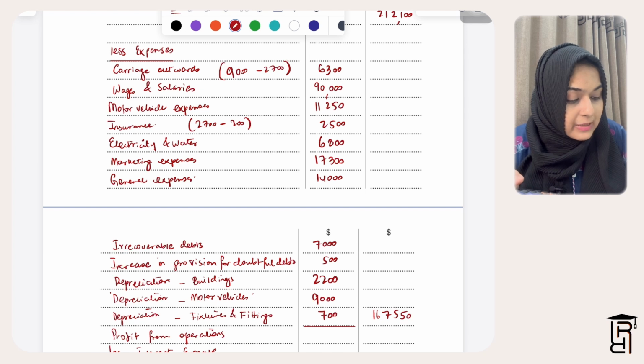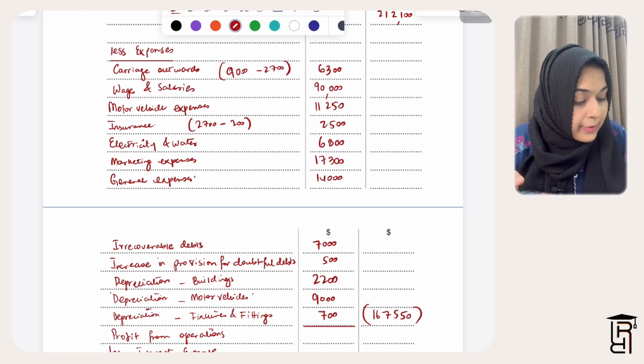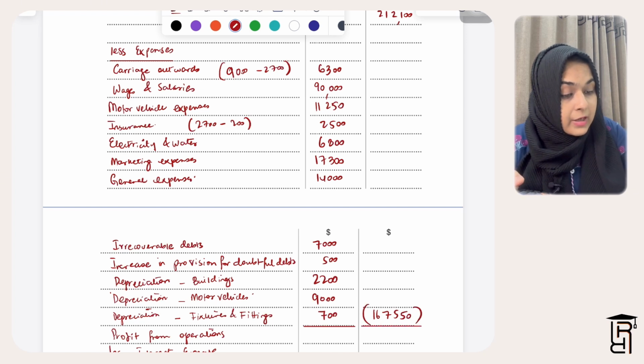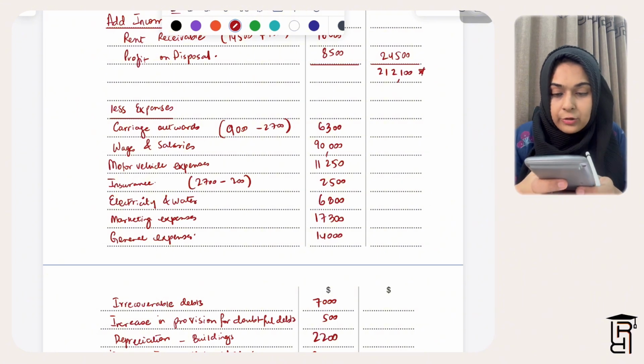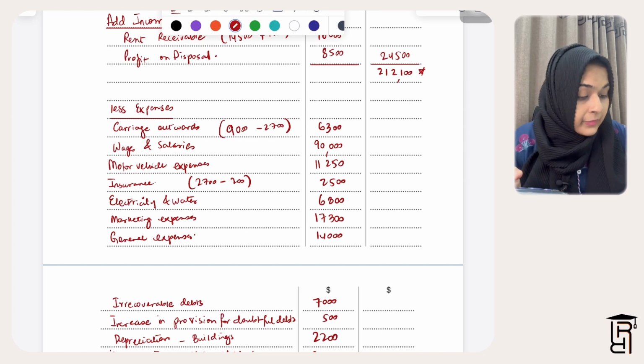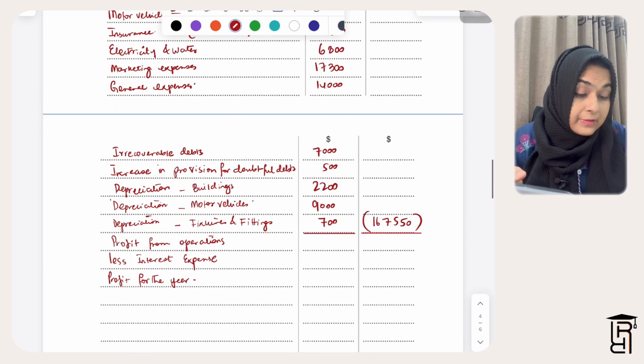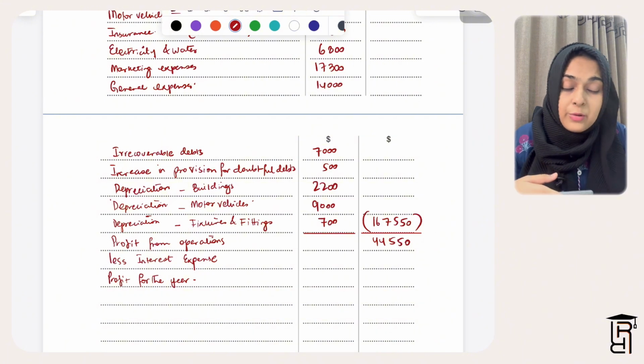These are my total expenses. Now I need to subtract these from this value that I found out, 212,100. So 212,100 minus 167,550 gives me 44,550. This is my profit from operations.